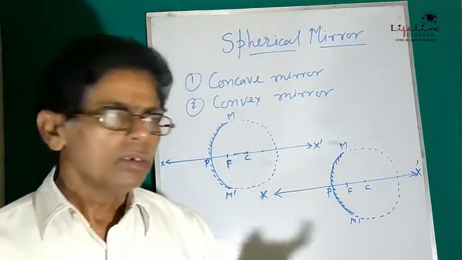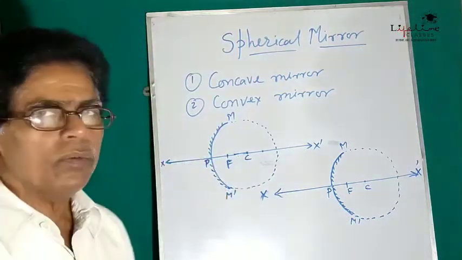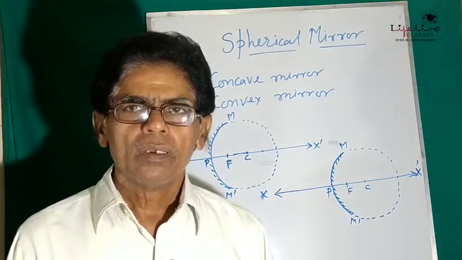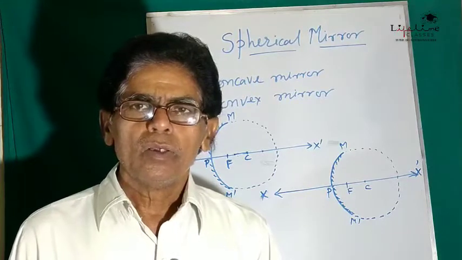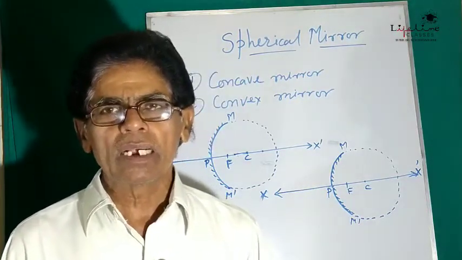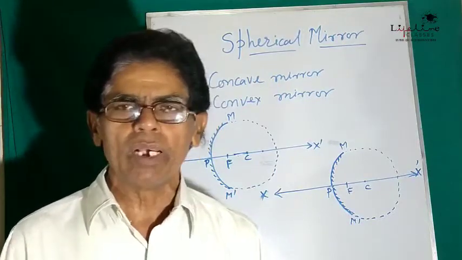Now, next one is the pole. What is pole? Pole is the midpoint of the reflecting surface of either convex mirror or concave mirror.